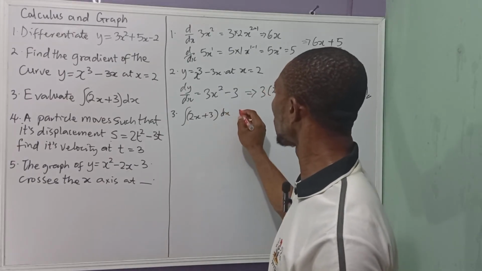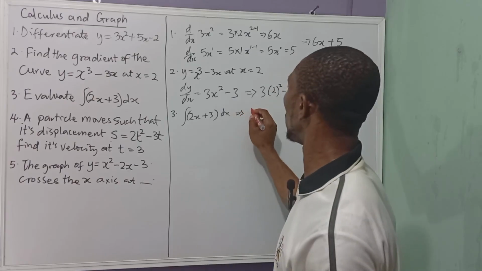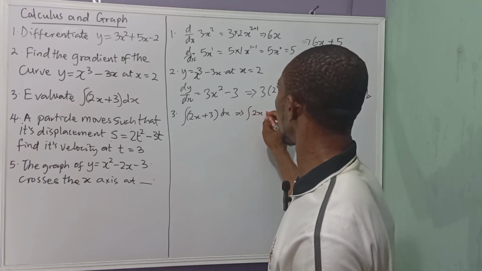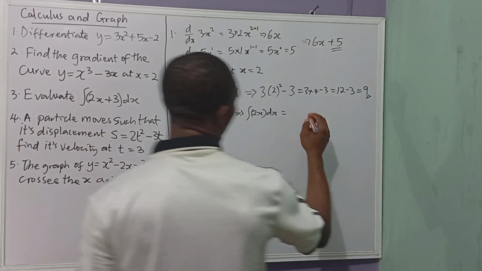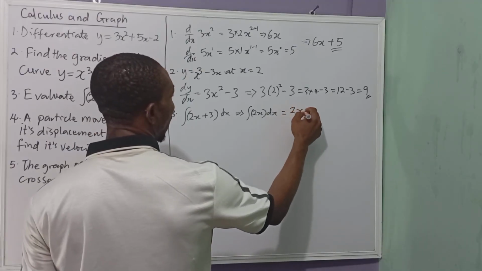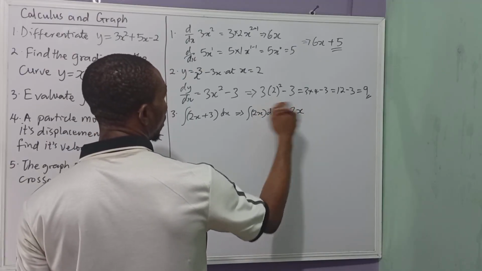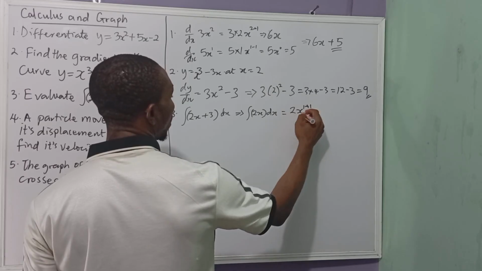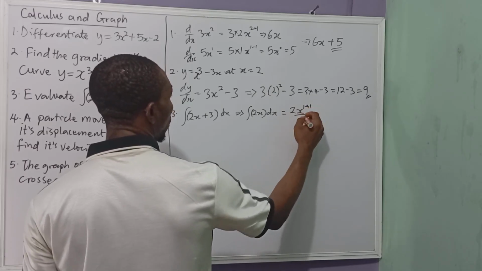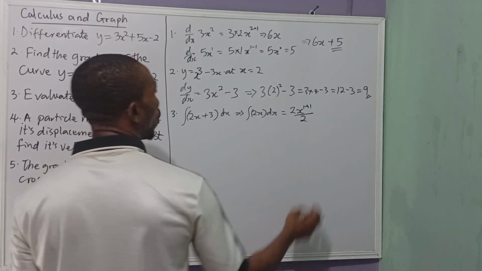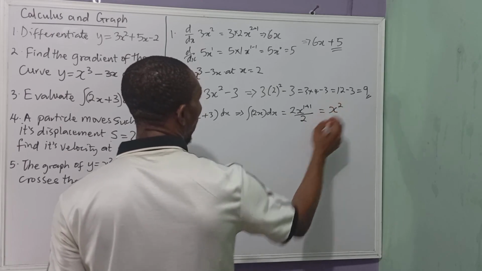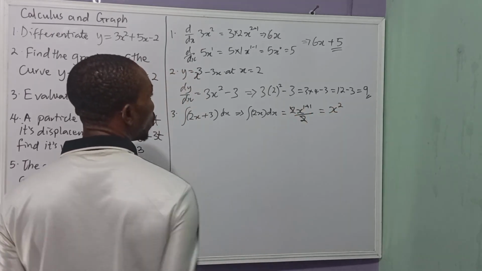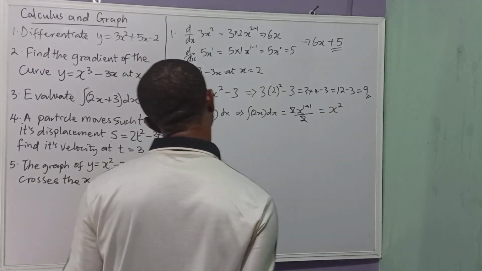The integral of 2x dx would be, since this is 1 plus 1 all over 1 plus 1, which is 2, the 2 cancels 2, leaving us with x squared.